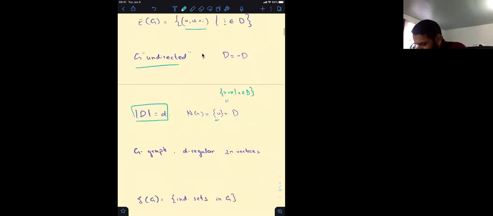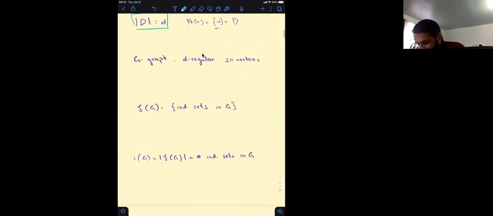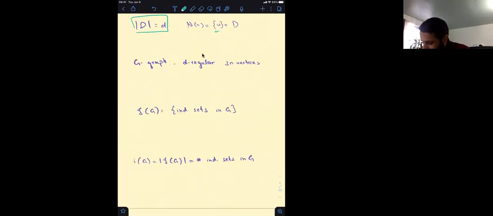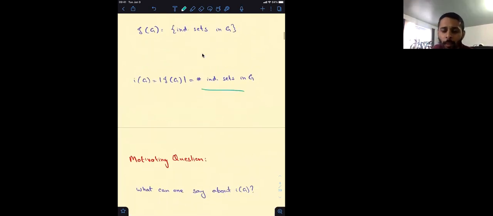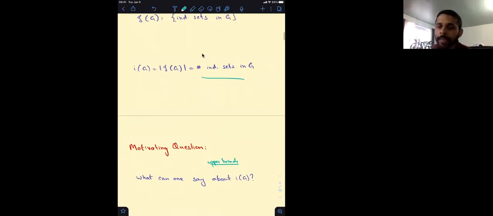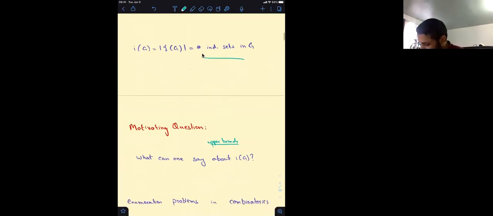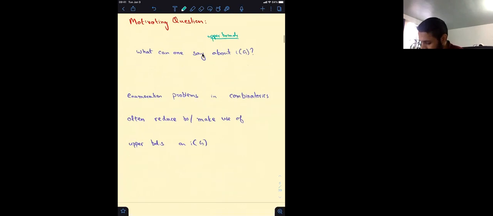Okay, so let's recall the notation again. I(G) is the number of independent sets in G. So the motivating question is, what can you say about the size of I(G)? Or rather, I'm specifically interested in upper bounds. Pretend that we did not know this was abelian, and let's just say it was a general graph.